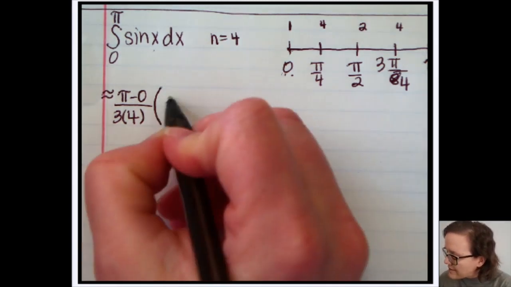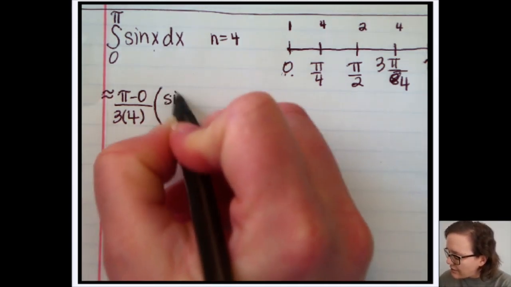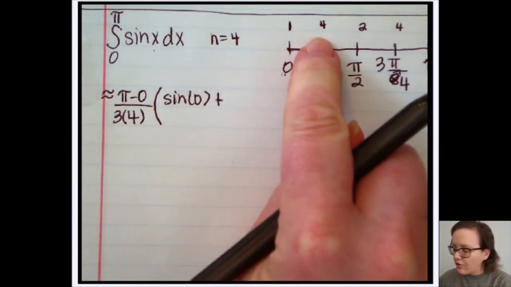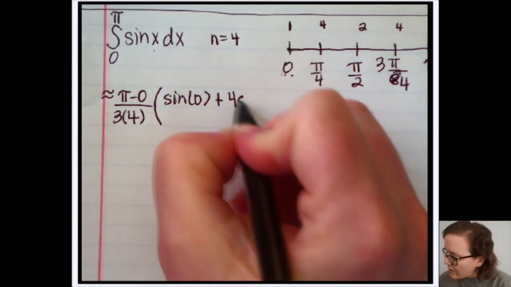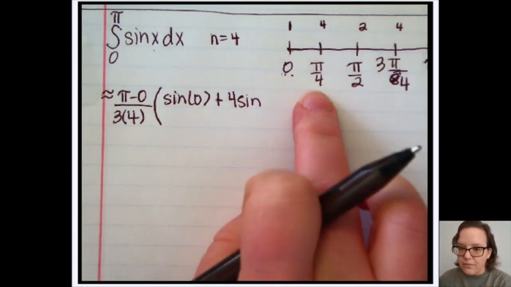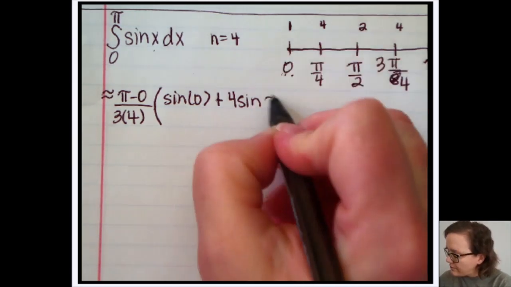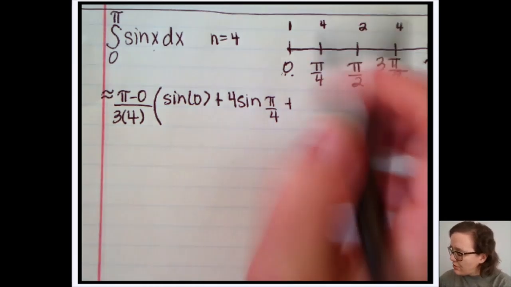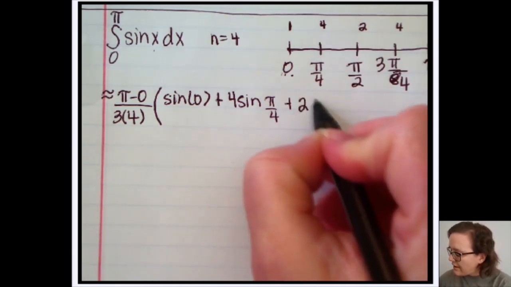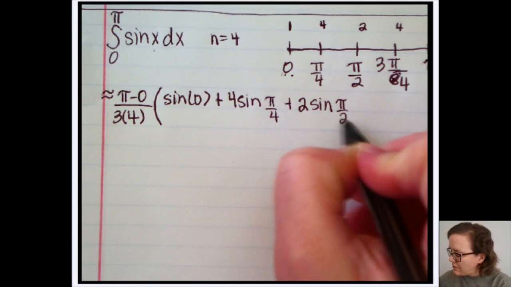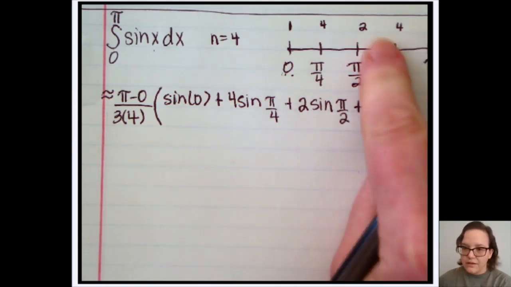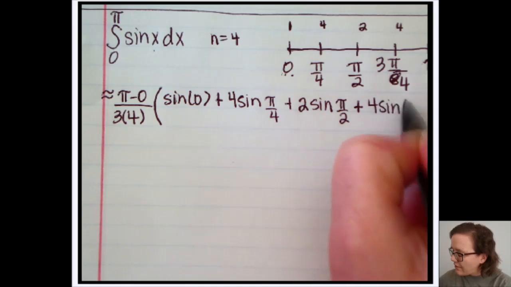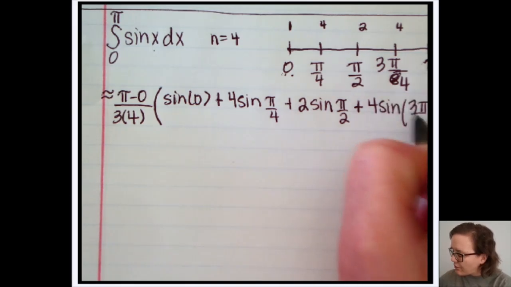So I'm going to take 1 times the sine of 0 plus 4 times the sine of pi over 4, plus 2 times the sine of pi over 2 plus 4 times the sine of 3 pi over 4.